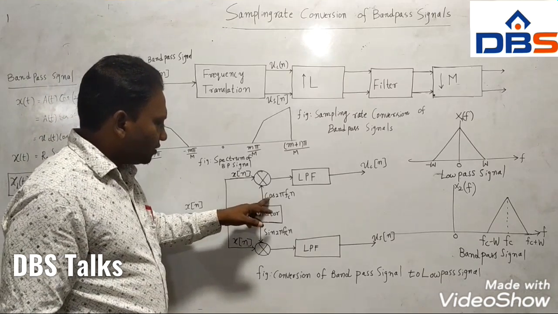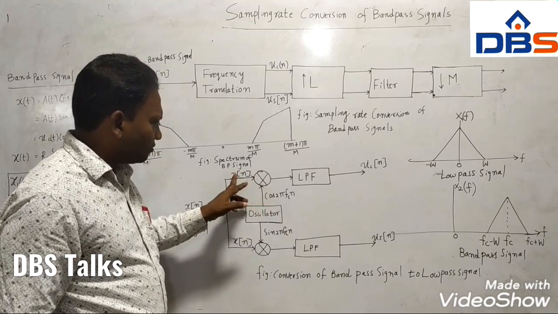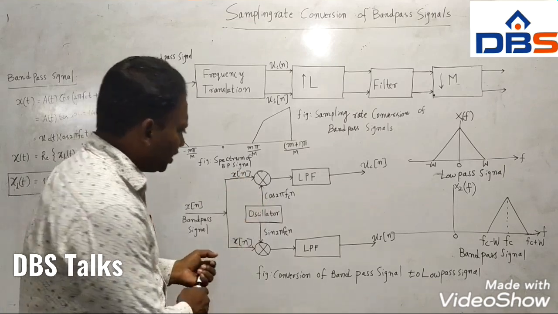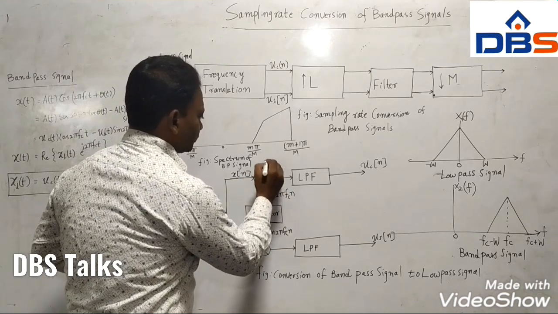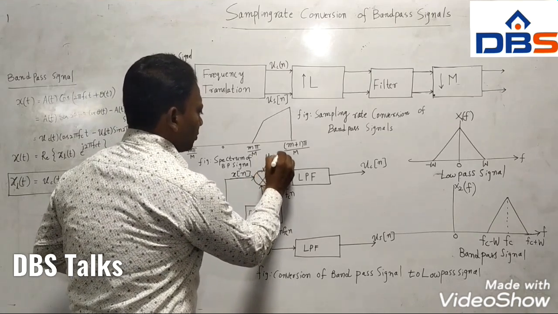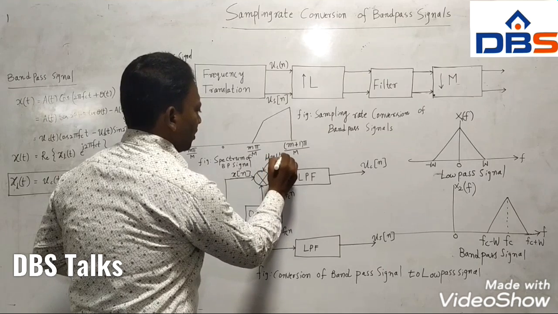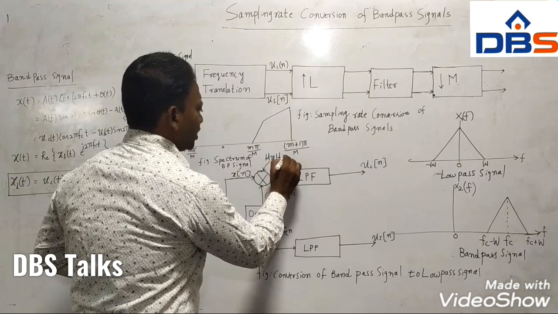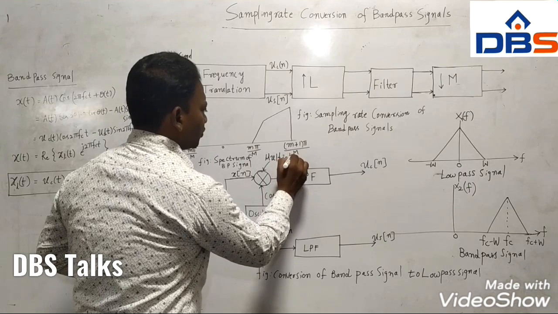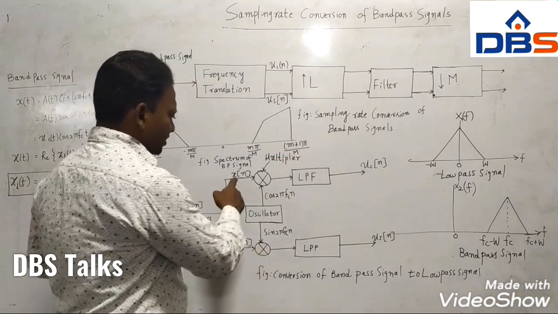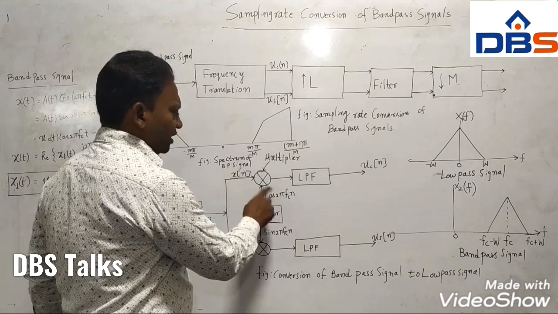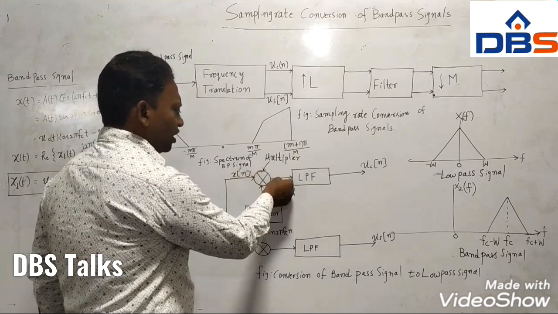These are multipliers, which multiply the input signals applied to them. Here X of n and cos 2 pi Fc n are multiplied.